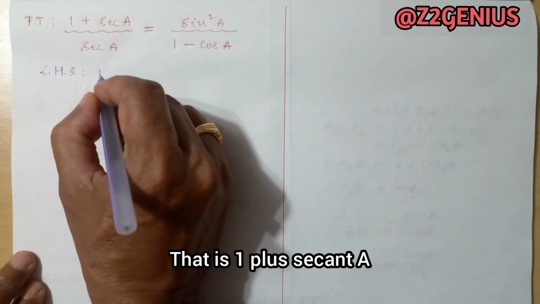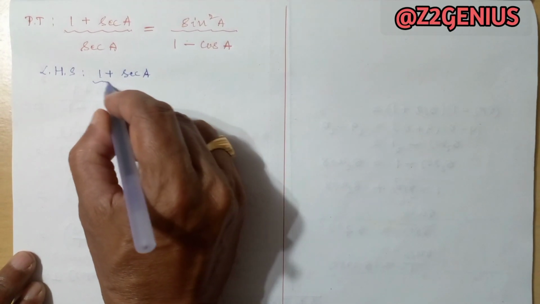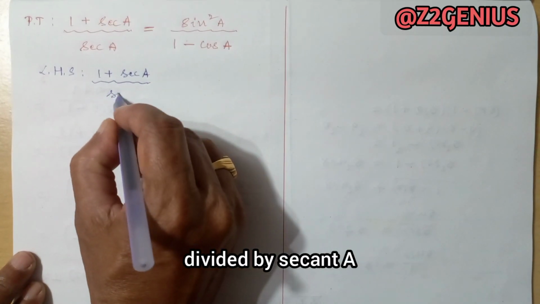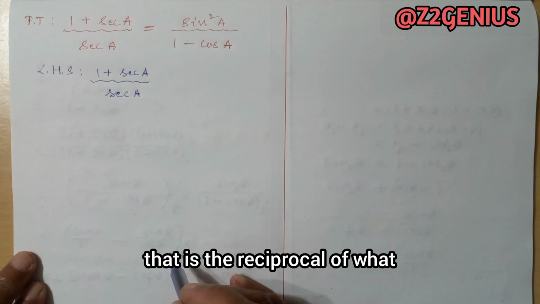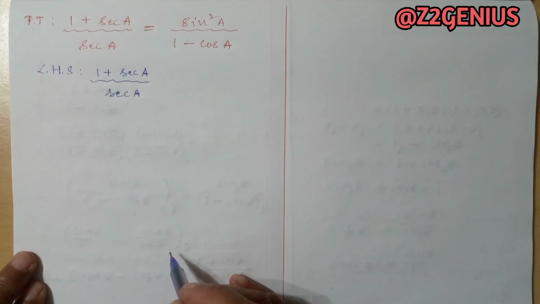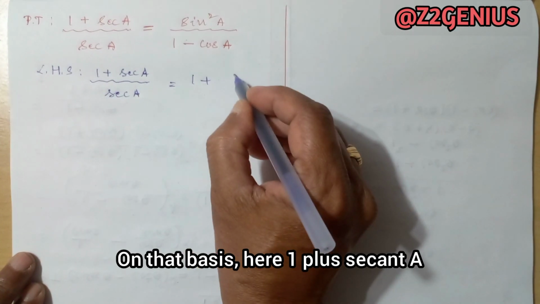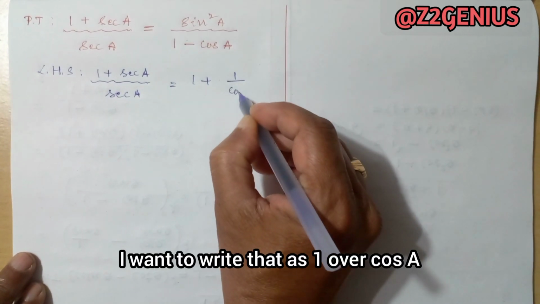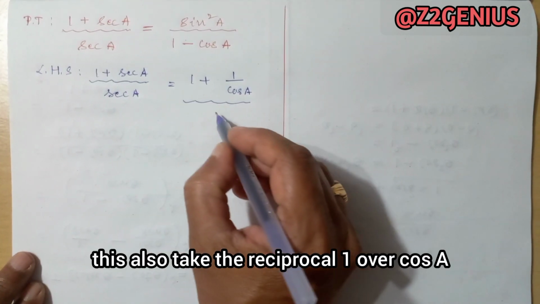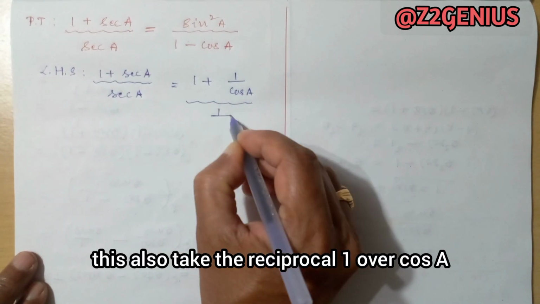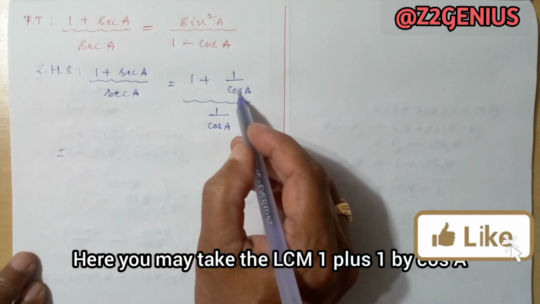that is (1 plus secant A) divided by secant A. You know that secant A is the reciprocal of what? Cos A. On that basis, I want to write 1 plus secant A as 1 plus 1 over cos A, divided by secant A, which is also the reciprocal, 1 over cos A. Here you may take the LCM.